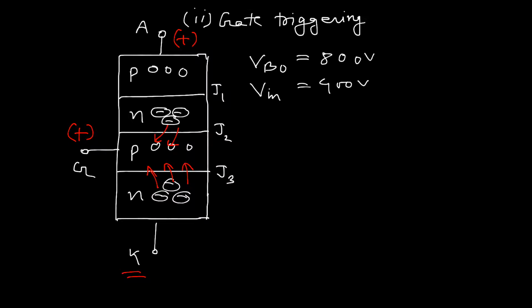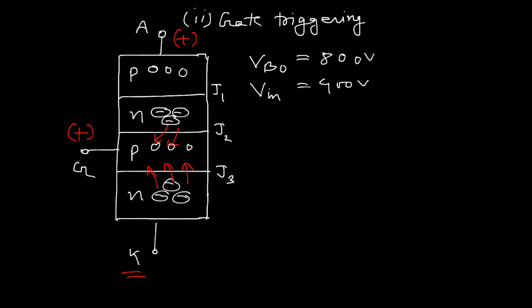That means the electron density increases across the gate terminal as well as the P layer. If the electron concentration increases, the density of the majority carriers across junction J2 increases. That means the depletion layer of junction J2 should decrease.